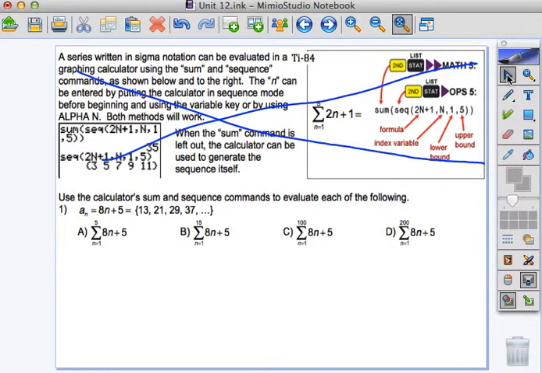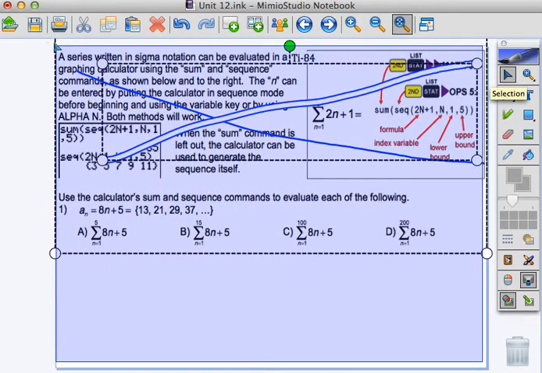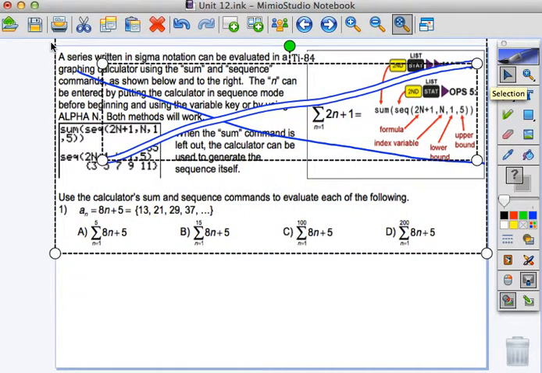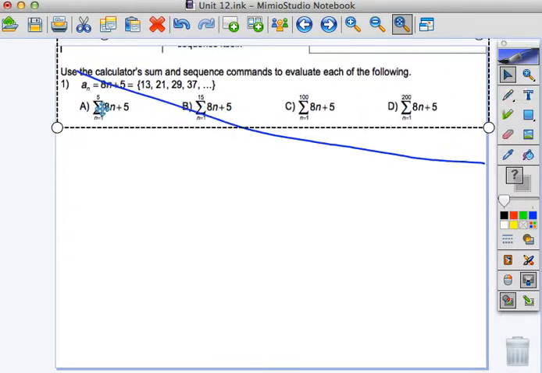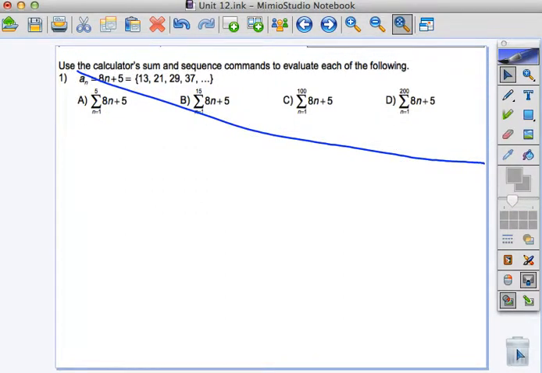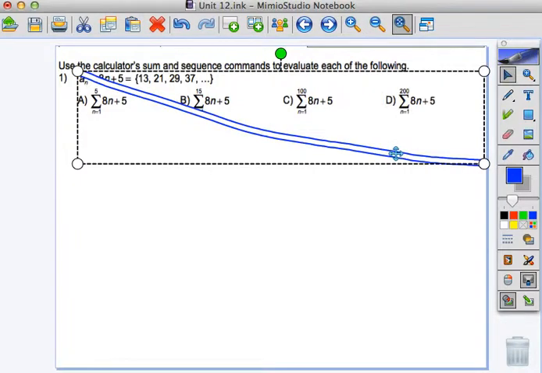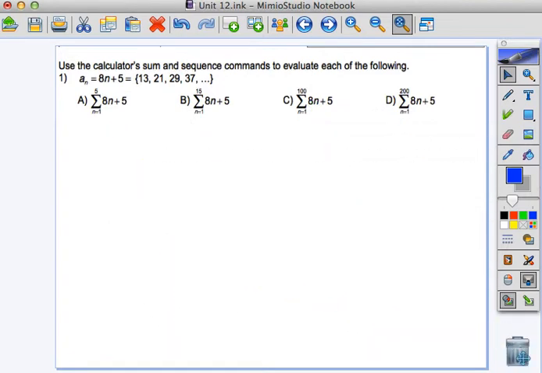But for this exercise, I'm more concerned about you knowing how to use your sigma notation than all the alternative stuff. So I'm going to just get rid of that part, and let's look at this part here. Now it's gone. So let's look at problem number 1.